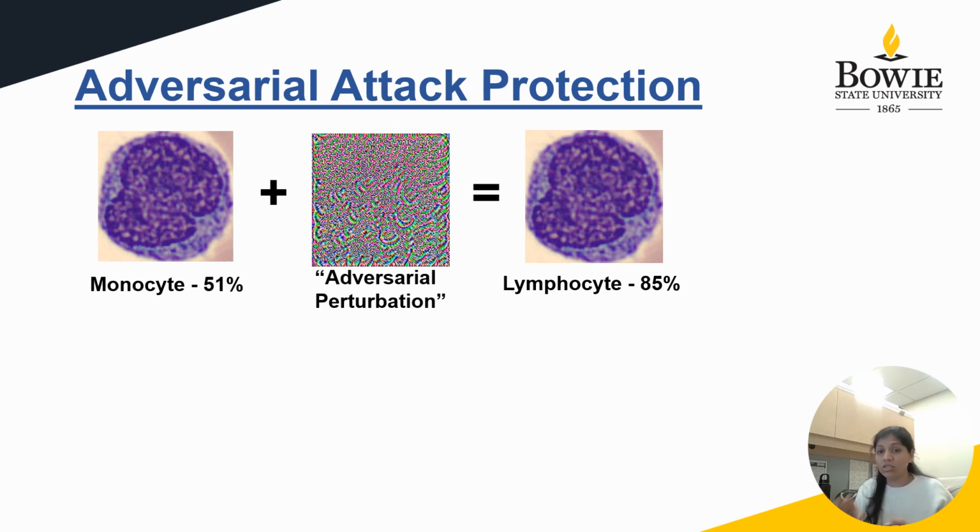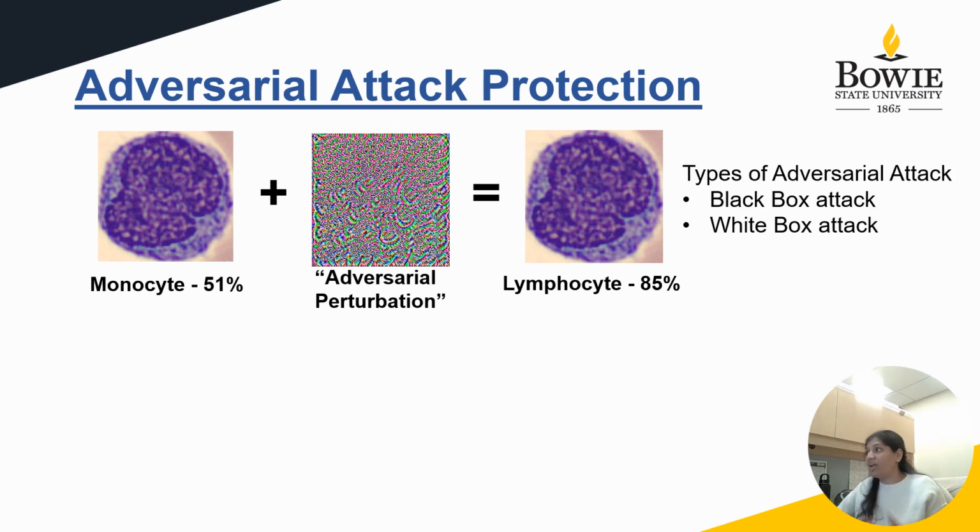This manipulation is called an adversarial attack. There are two different types of adversarial attack: black box attack and white box attack. In the black box attack, the attacker has no knowledge of the model, including the parameters, whereas in the white box attack, the attacker has full access to the model.